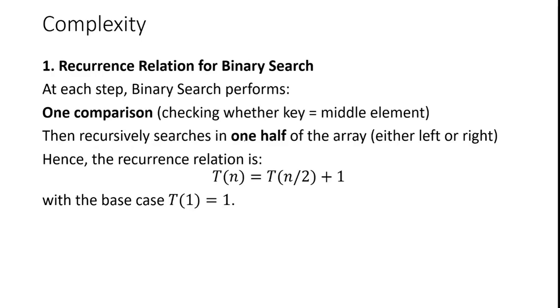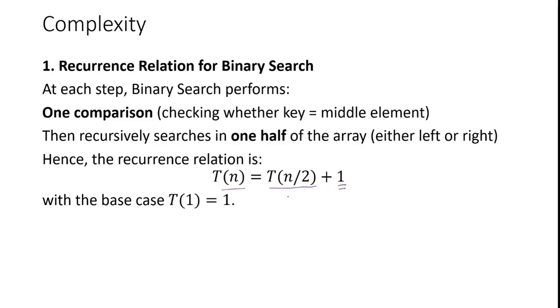Then it recursively searches in one half of the array, either the left side or the right side. Hence the recurrence relation will become, if we are having n elements, one comparison with the mid element, and next we have to do the searching in n by 2 elements. So we have written T of n by 2 plus 1.